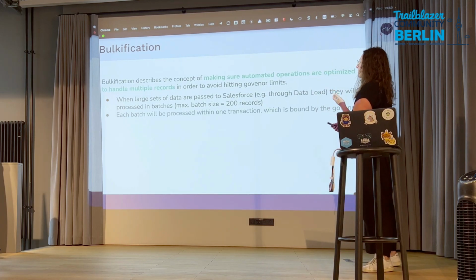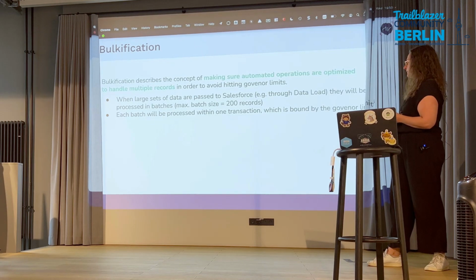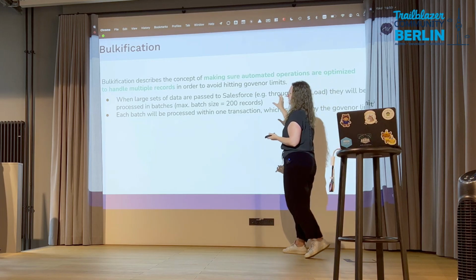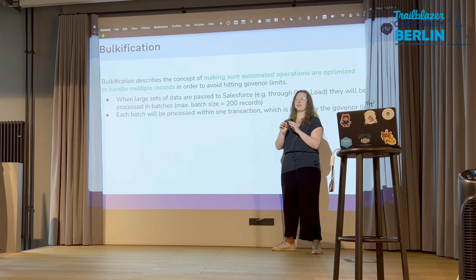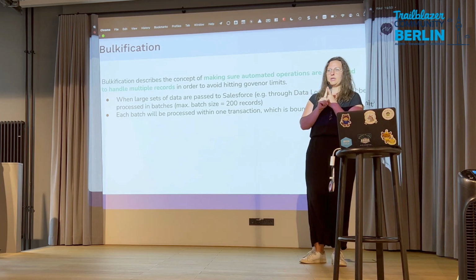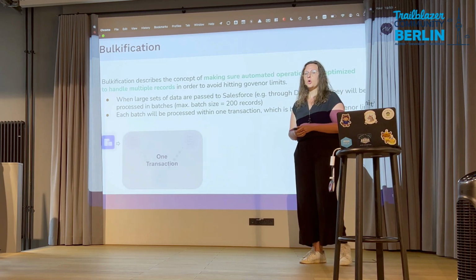Now, we just heard that we have a transaction that is bound by governor limits. When we have these batches, each batch is going to be processed within one transaction. And that one transaction will still be bound by the same governor limits as if you were to just save one record.